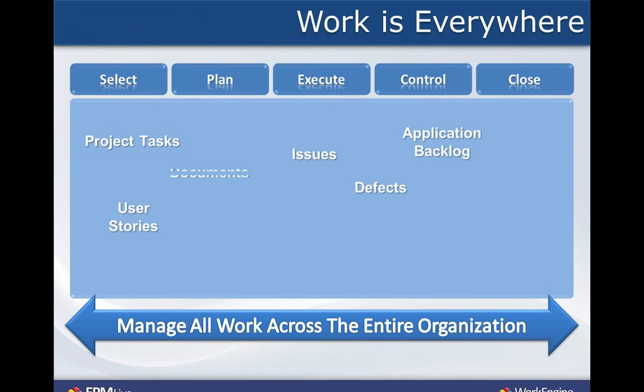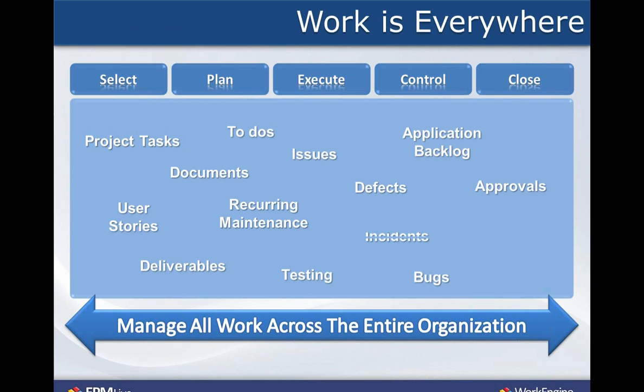Because the truth of the matter is that really work is everywhere within your organization. Oftentimes we focus on the project work, things like project tasks in your schedules or your Gantt charts that you actually assign people to. But even on a project itself, there are lower level to-dos and action items, issues that need to be addressed, change requests that must be explored and executed on.